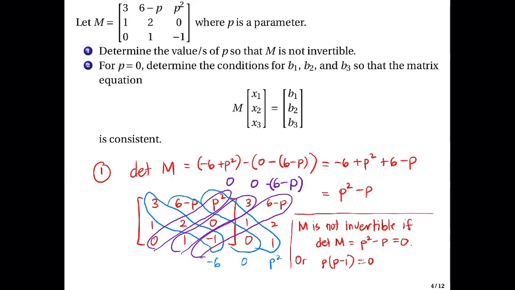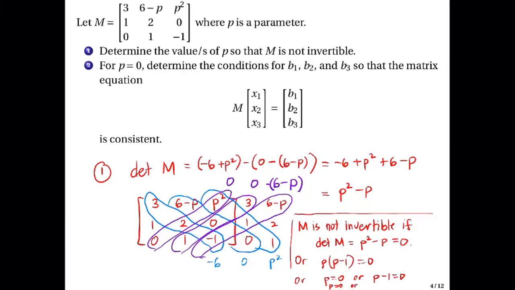Or we have P equals 0 or P minus 1 equals 0. Or finally, P equals 0 or P equals 1. So these are the values of P for which this matrix M is not invertible.